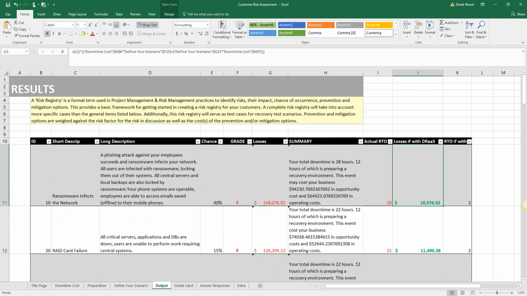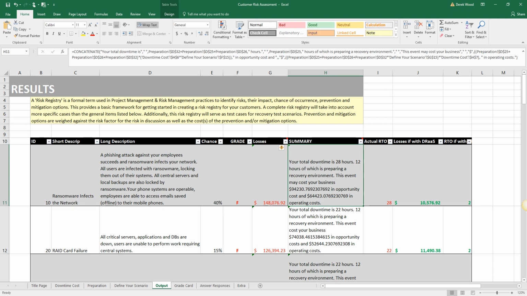In the output, we've made it so it calculates the total downtime based on the scenario and the answers to the mitigation questions and the losses, which is the total cost of downtime that we calculated in step one multiplied by the number of hours. And then the summary just takes that calculation and divides it into both opportunity cost and operating costs.